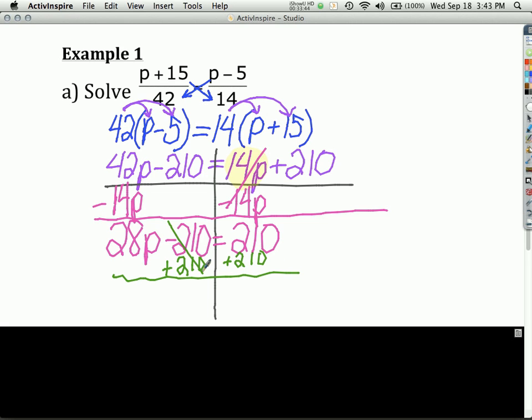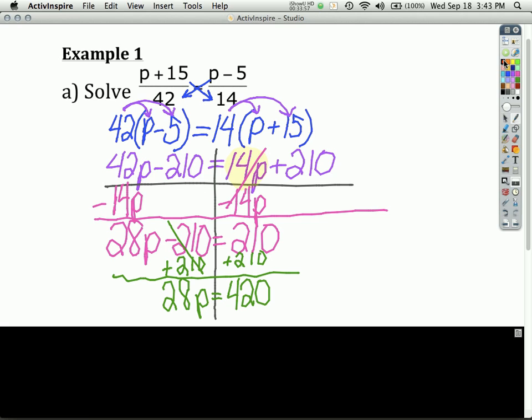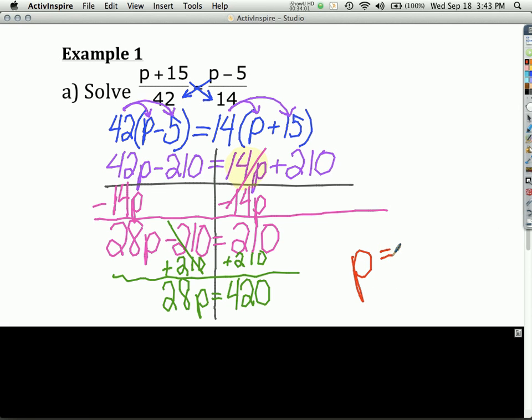This cancels, and I've got 28p equals 420. And now it's just 28 times what number equals 420? What do we get for the value of p? 3 people were able to figure it out? 5, 6, 7, 8, 9, 10 people. What'd you get, Valerie? 15.